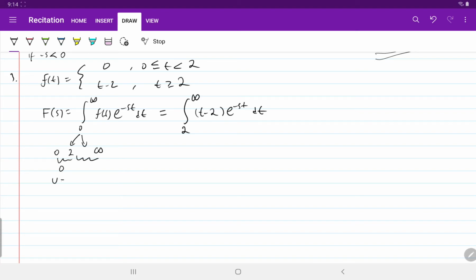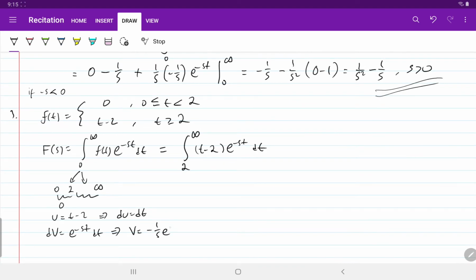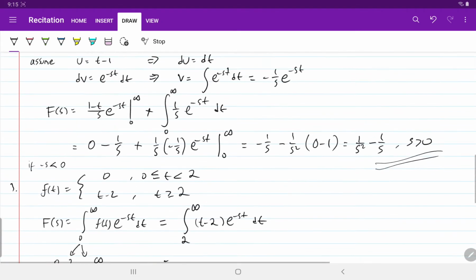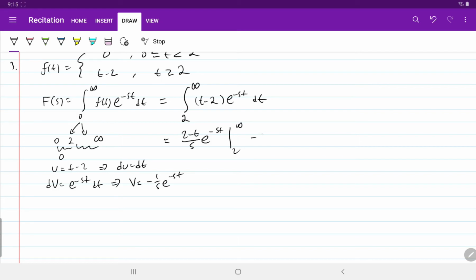Define u is t minus 2, then du is equal to dt, dv is e to the minus st dt, then v is minus 1 over s e to the power minus st. From integration by parts we have uv, which is minus t minus 2 over s e to the power minus st from 2 to infinity, plus the integral from 2 to infinity of 1 over s e to the power minus st dt.